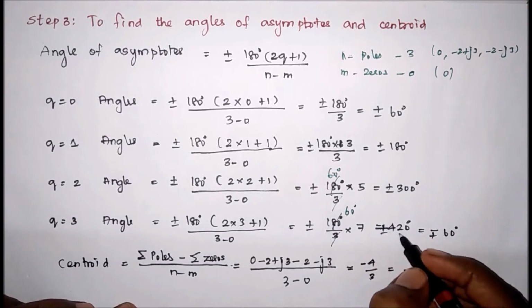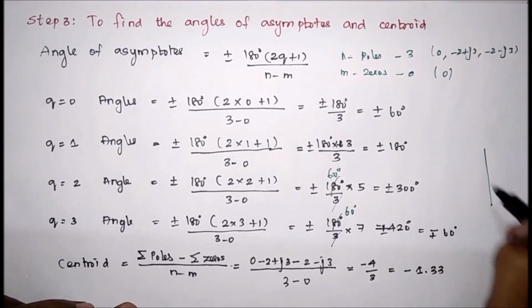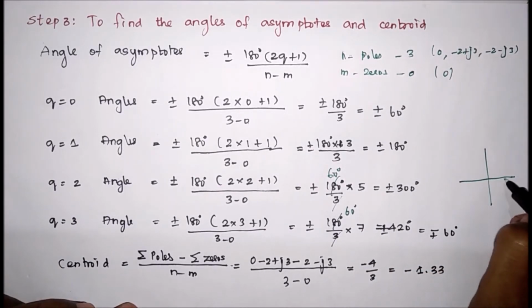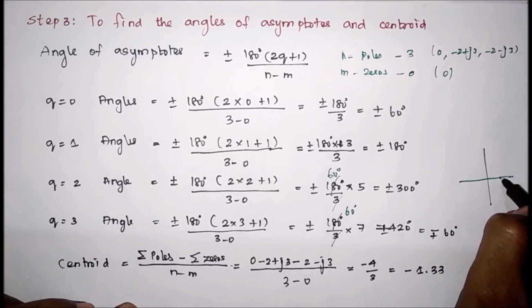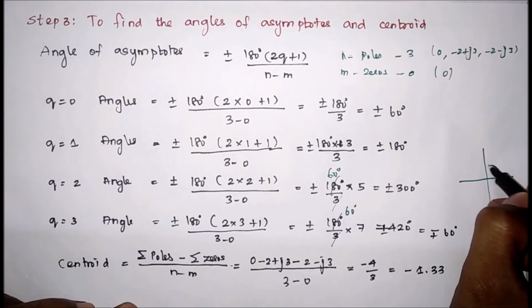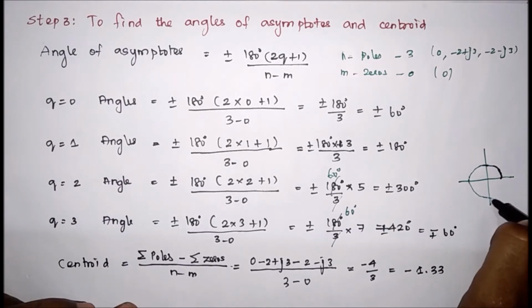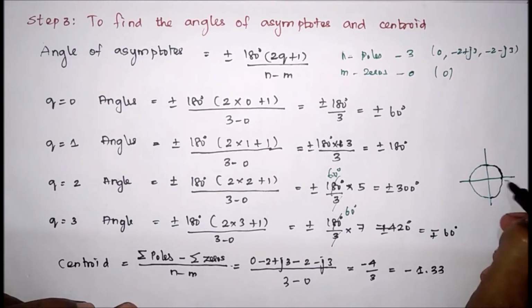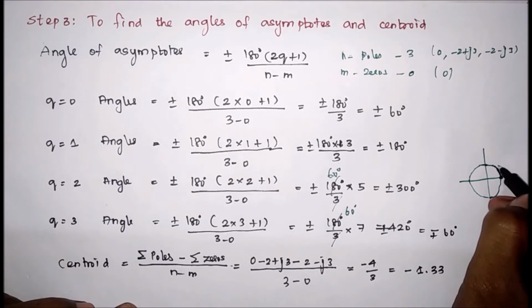If we start at this point, we can say 90 degree, 180 degree, 270 degree, 360 or again 0 degree. After this, 420 means 360 plus 60.